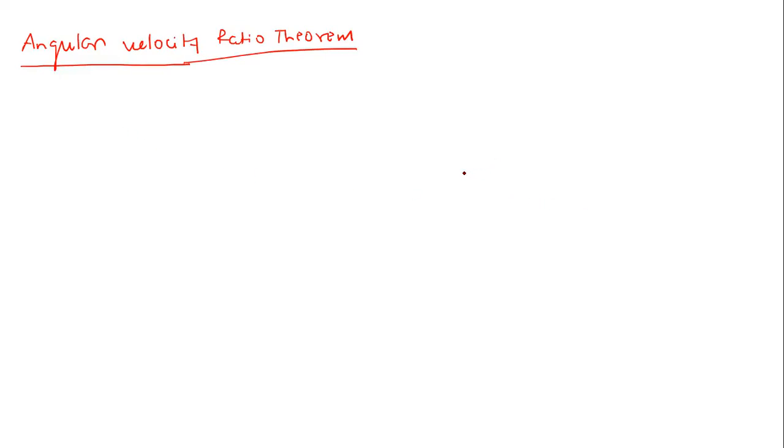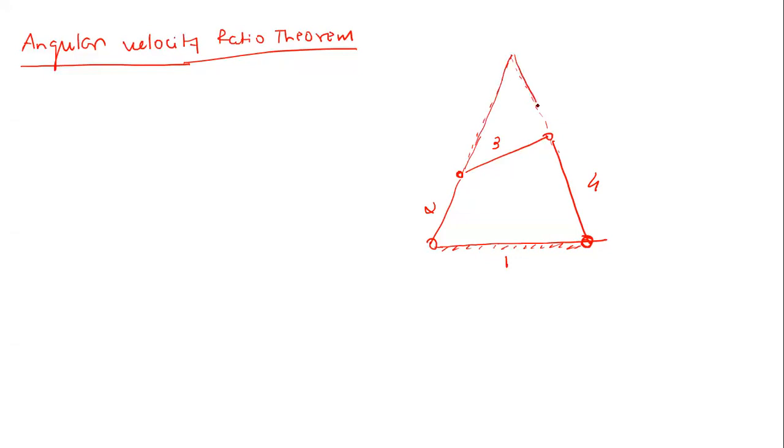So let me draw the diagram first. If you remember, last time we located the instantaneous centers of rotation for a 4-bar mechanism.